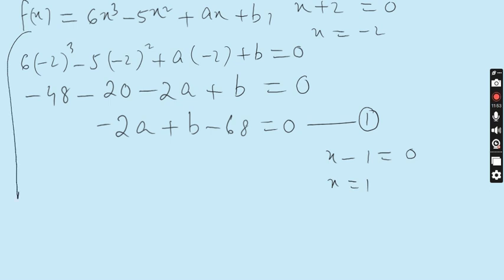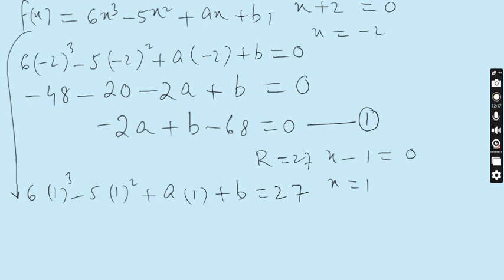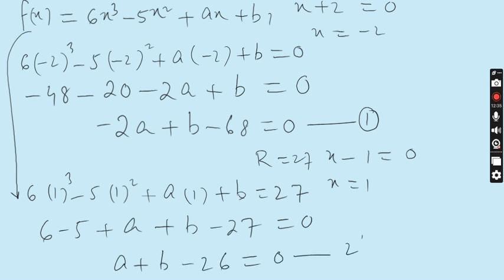So put x equals 1 in the given expression, that is 6 into 1 cube minus 5 into 1 square plus a into 1 plus b is equal to, the remainder given is 27, so you have to put 27 over here. So it is 6 minus 5 plus a plus b minus 27 is equal to 0. a plus b, 6 minus 5 is 1, and 1 minus 27 is minus 26 is equal to 0. That is equation number 2.